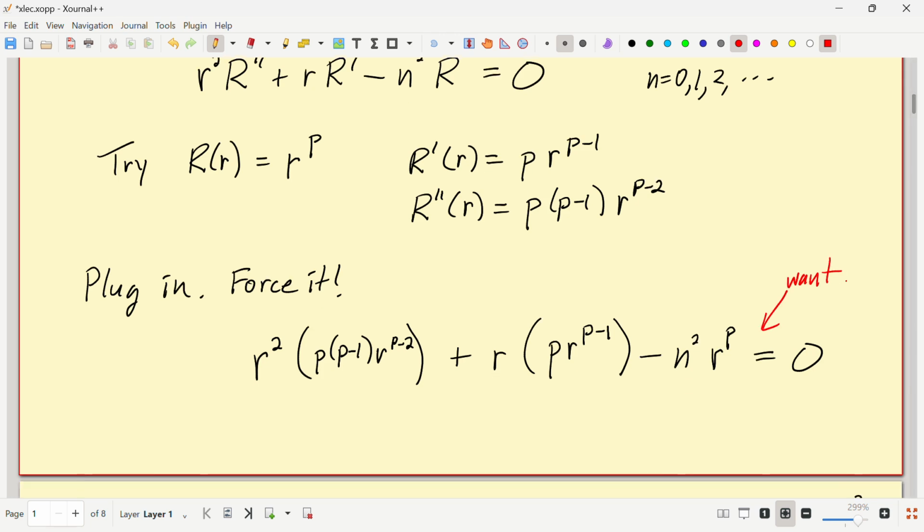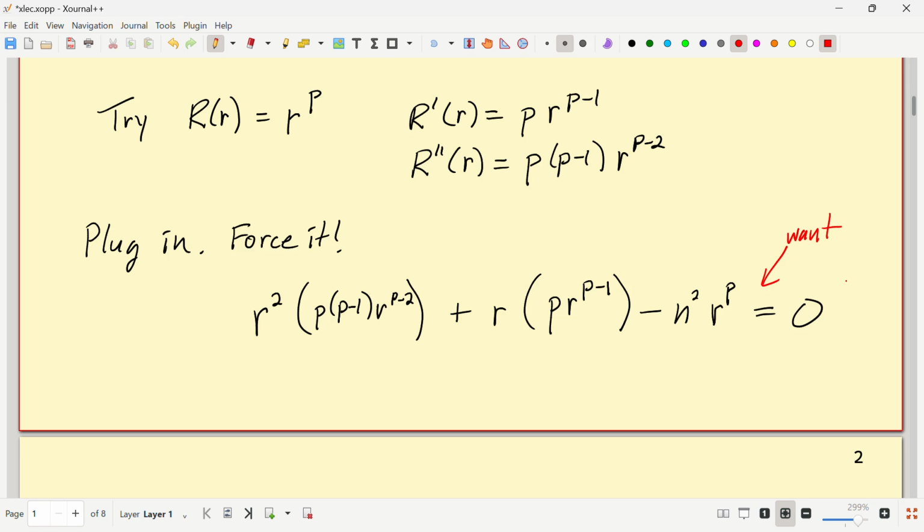And sure enough, those powers come back up to r to the p in every case, and I'm left with stuff that are just numbers, p times p minus 1 plus p minus n squared, times r to the p. I want that to be 0.